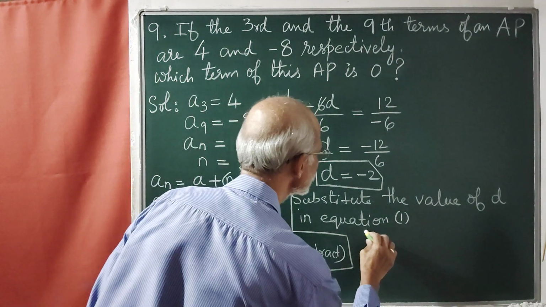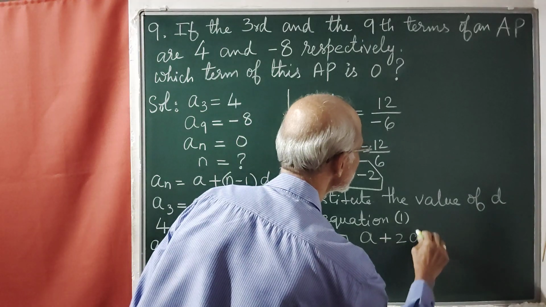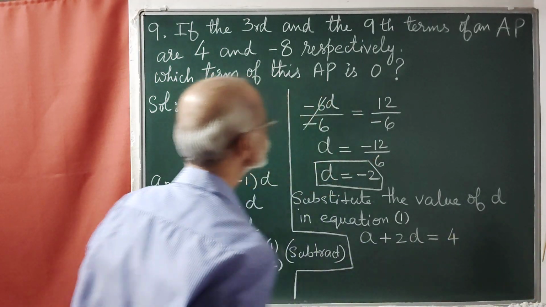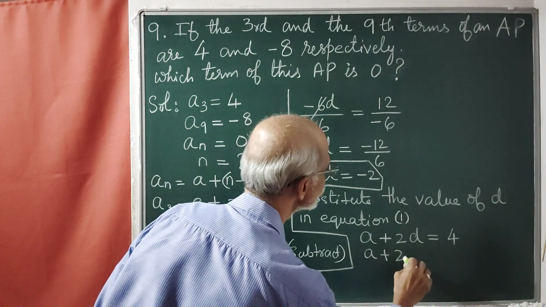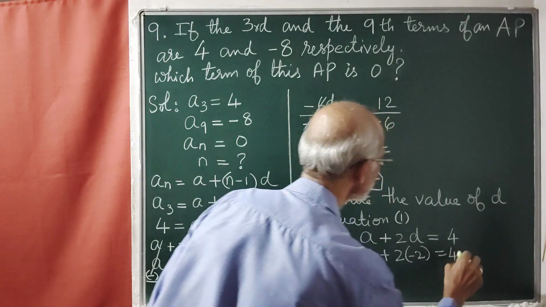The equation 1 was A plus 2D equal to 4. So A plus 2 into minus 2 equal to 4.